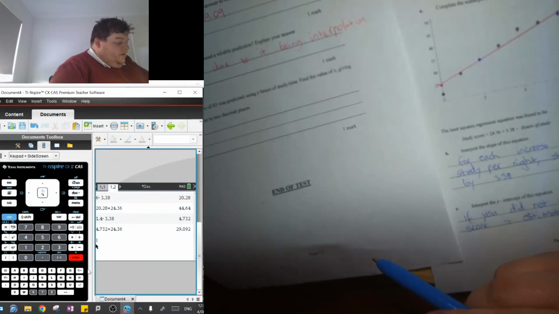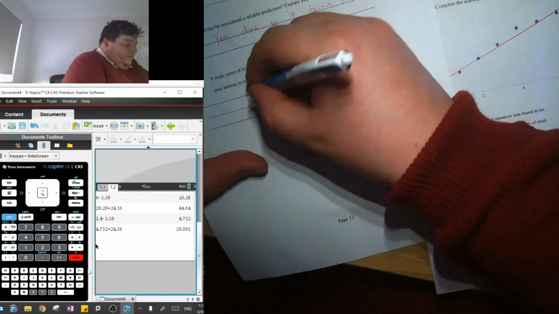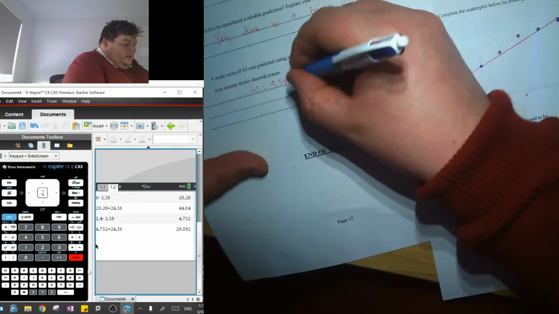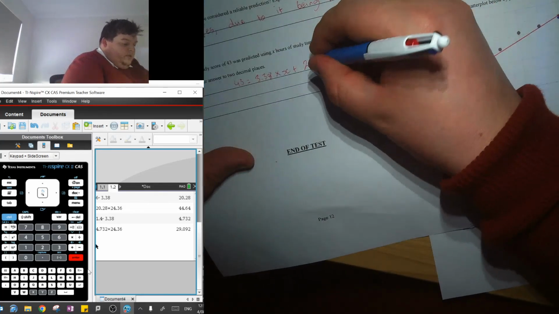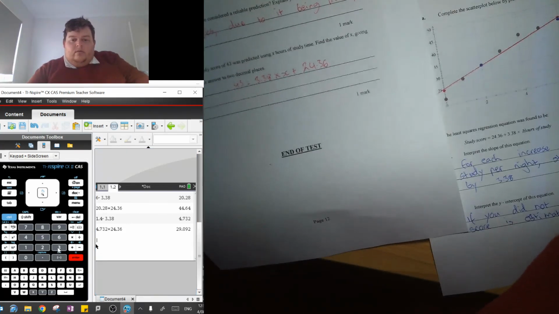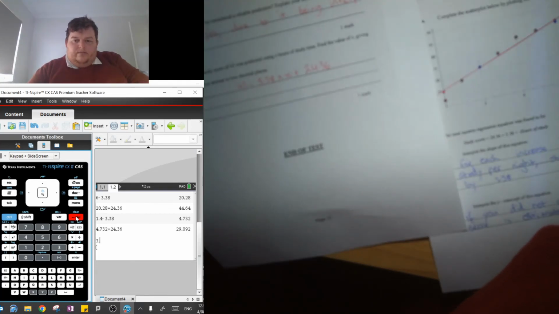A study score of 43 was predicted. What was the value of x? So that's basically saying 43 equals 3.38 times x plus 24.36. Right, which gives me 3.38 times, what am I doing?